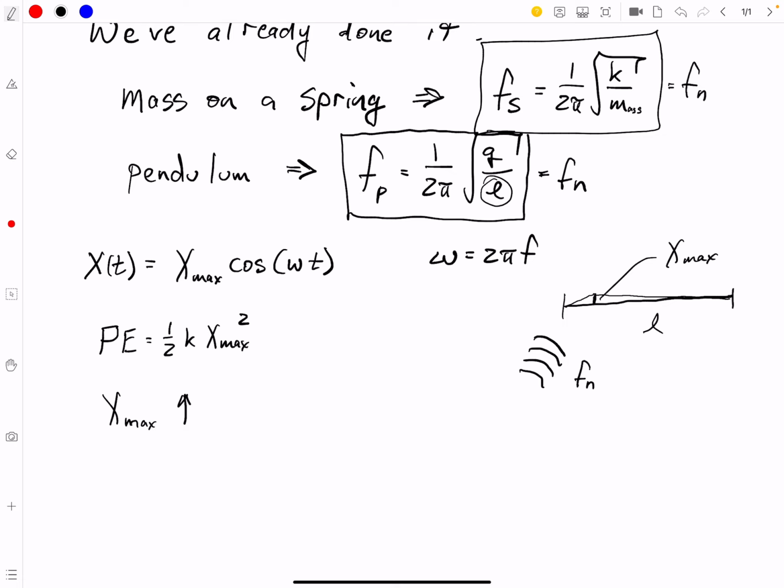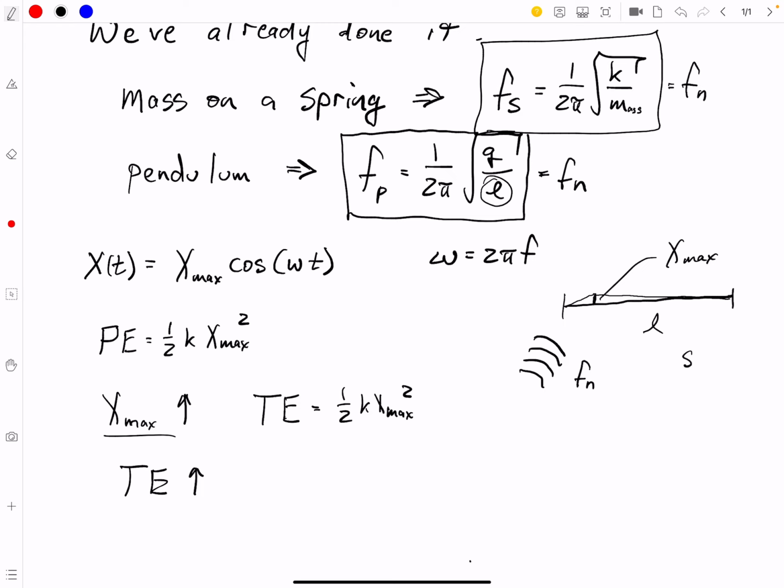So if x max is getting bigger, then the total energy of the string, which used to be 1/2 k x max squared, will go up. So the total energy goes up as the amplitude goes up. When we're driving that string's oscillations at the right frequency, it will increase the amount of energy in the system or the object.